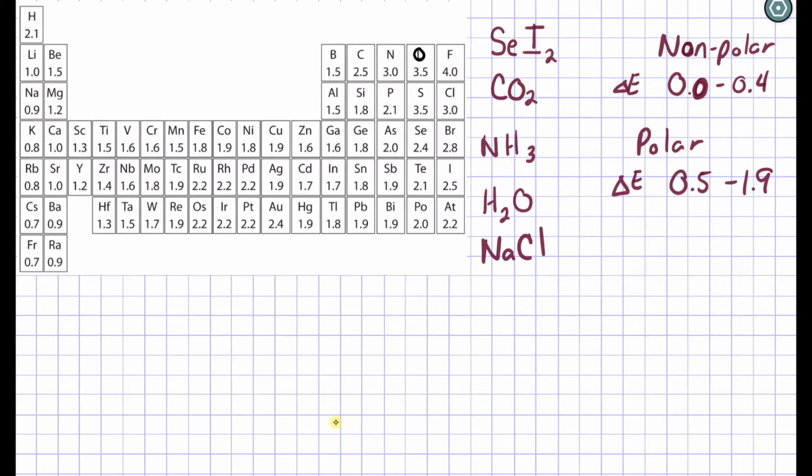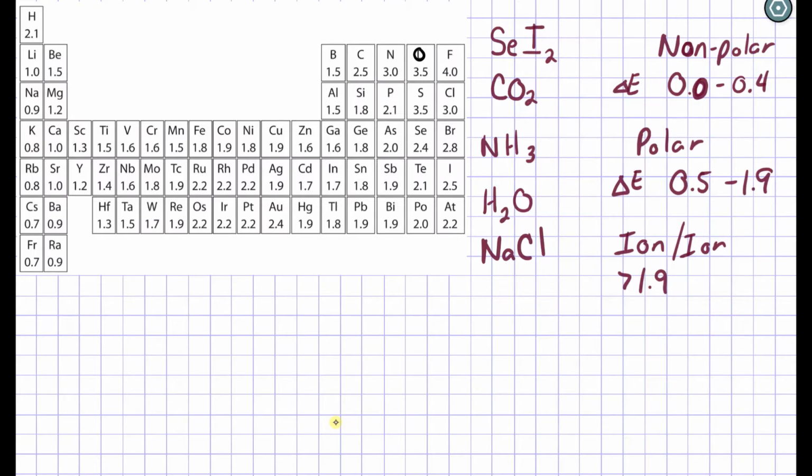So 0 to 0.4 is nonpolar, and polar is going to be 0.5 to 1.9. The last thing that we have is ionic, and that's going to be anything greater than 1.9, so 2.0 and higher.